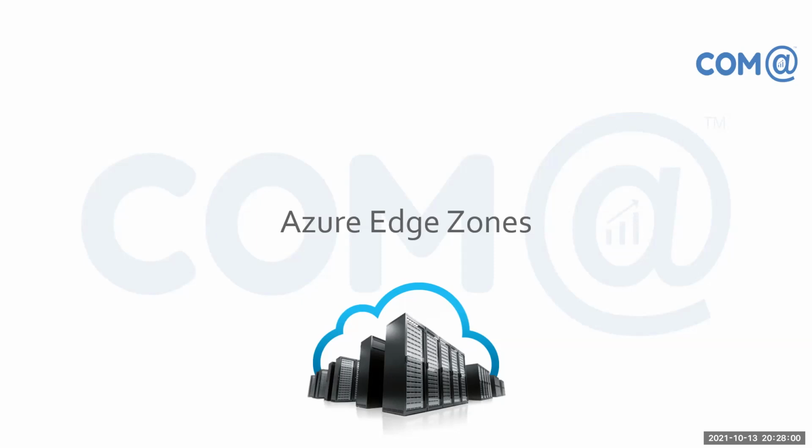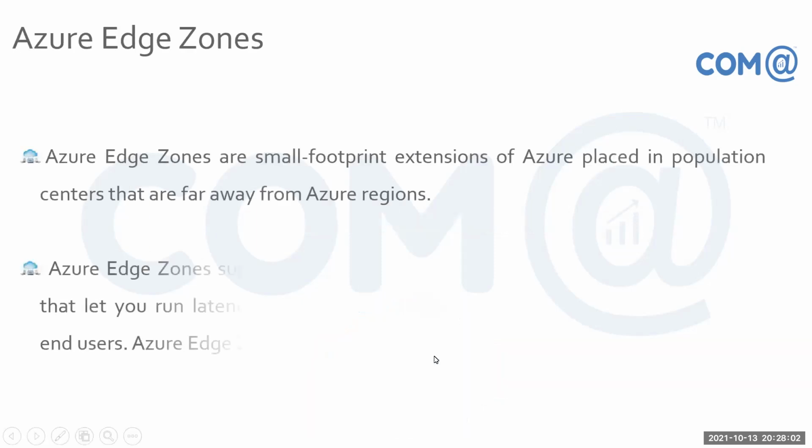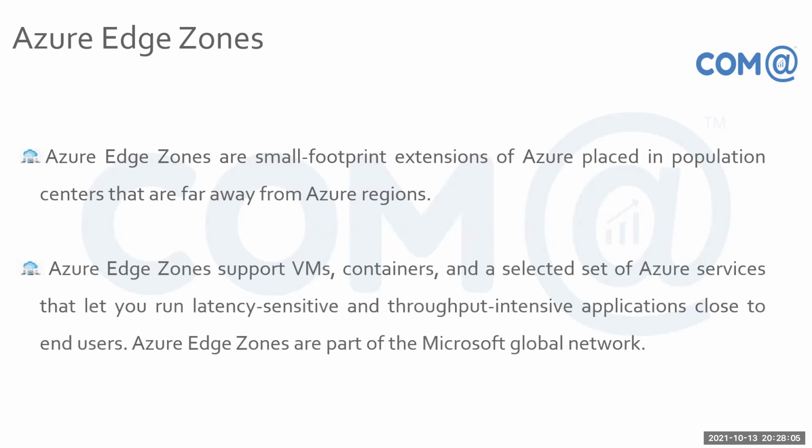Basically, the Azure Edge Zones are something like cache locations. So when you're configuring your application, you can use the Azure Edge Zones, so that you may host your application from one particular region, and if the same application is accessed from a different location, for example, as I said earlier, in India you have hosted your application, and from US any of the customers is accessing the same application, the application is not going to be served from India region directly.